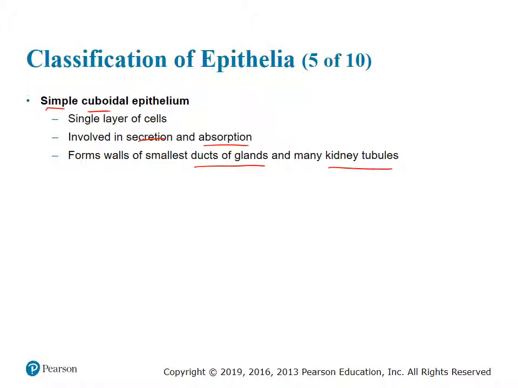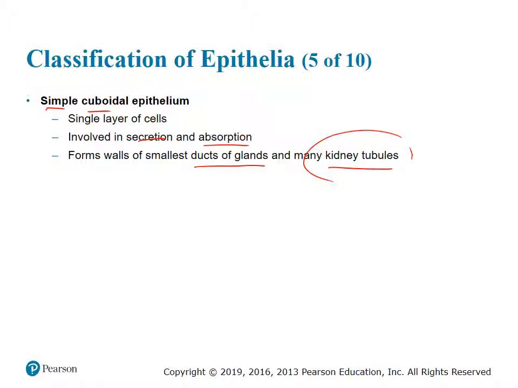Now, if you know what the kidney does, the kidney filters and secretes stuff through filtration, which means we take bad waste that we don't need and we stick it on the other side of the kidneys, and that becomes urine.